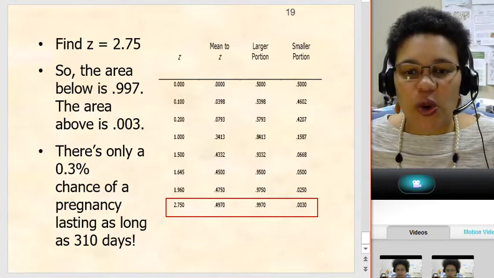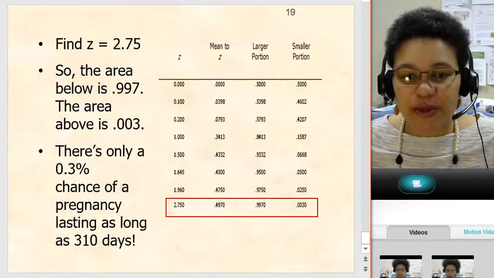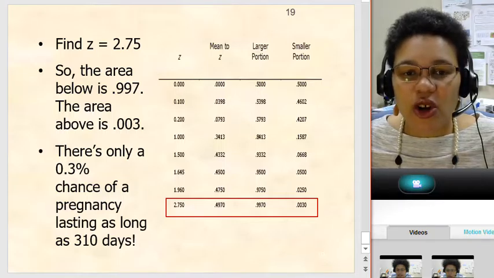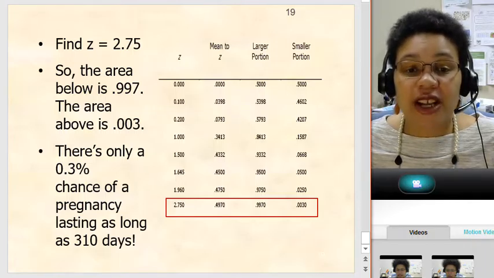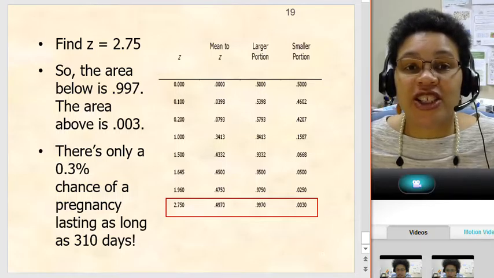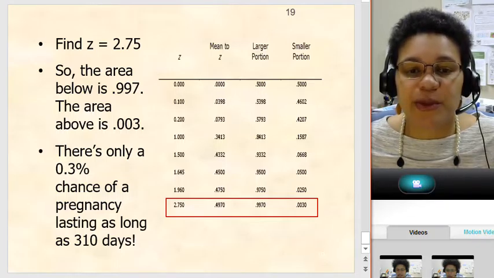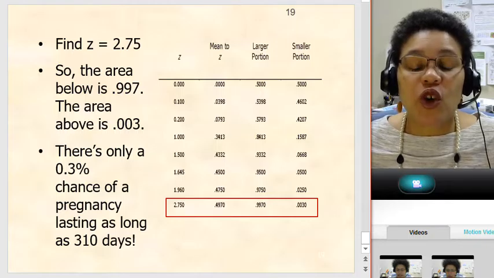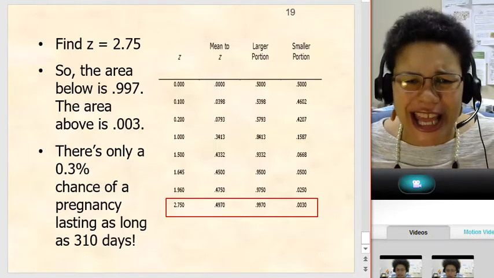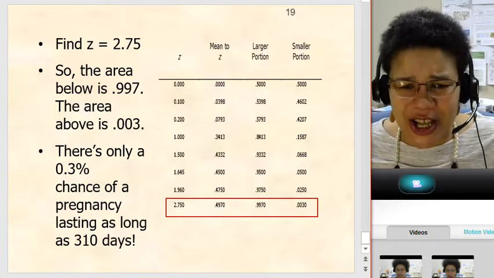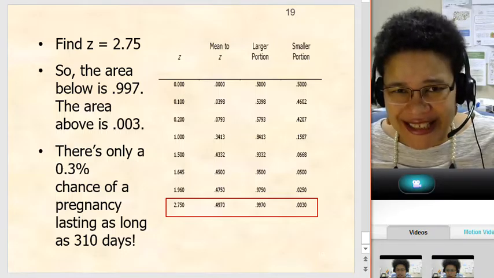You would slide over. The distance from the mean to that z would be 0.497. You would slide over. The area below that z is 0.997. The area above is 0.003. If we convert 0.003 into a percentage, we slide that decimal point over 2, and we get that there's only a 0.3% chance of a pregnancy lasting as long as 310 days.